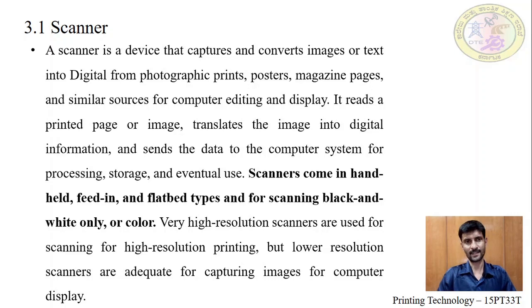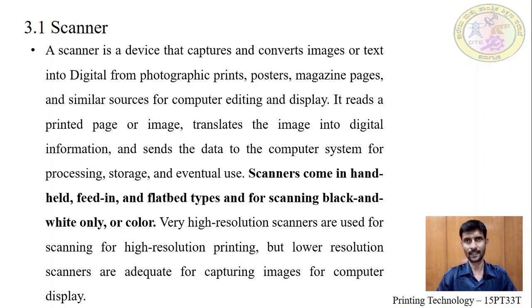Scanners come in different types. One is the handheld scanner, another is the sheet-fed, the flatbed, and the black and white or color scanner. Even the drum type may come. Very high resolution scanners are used for scanning for high resolution printing.